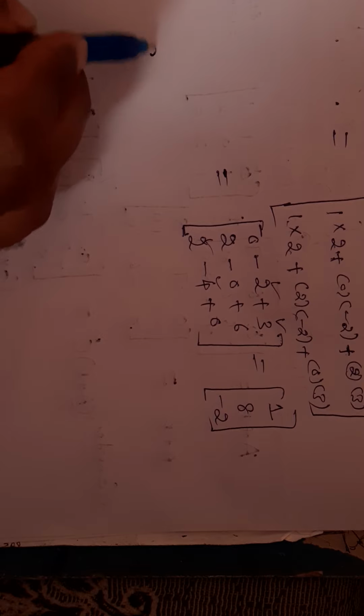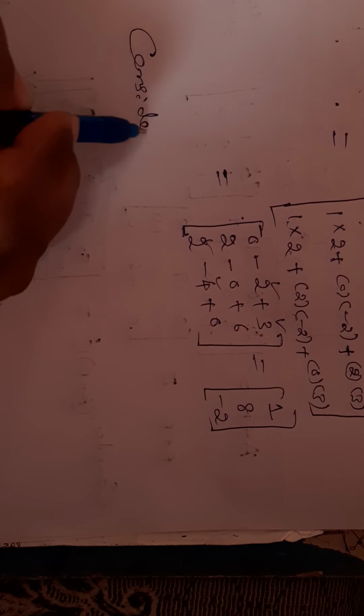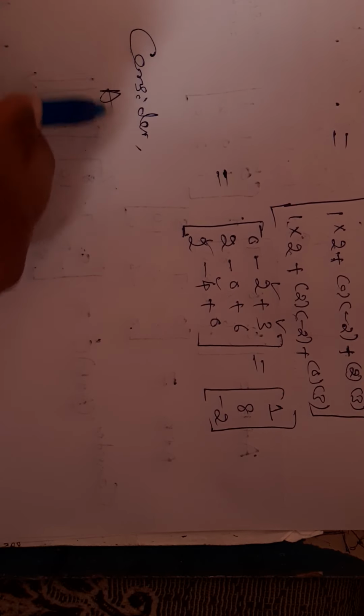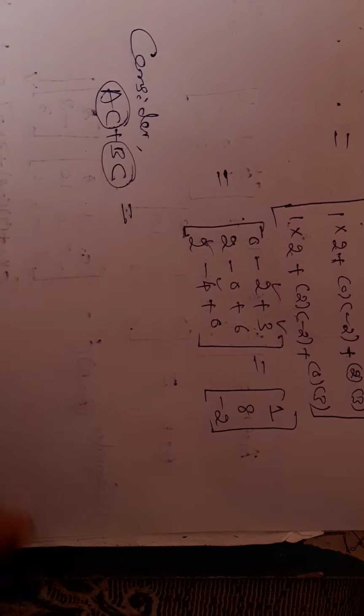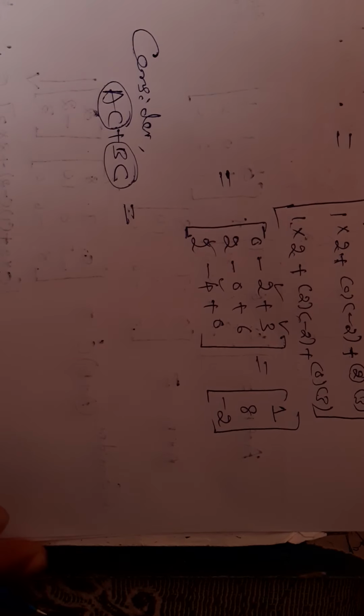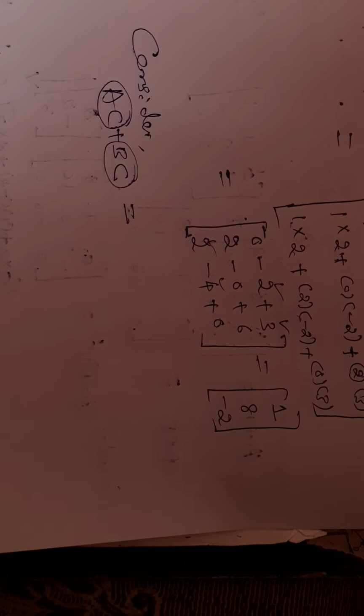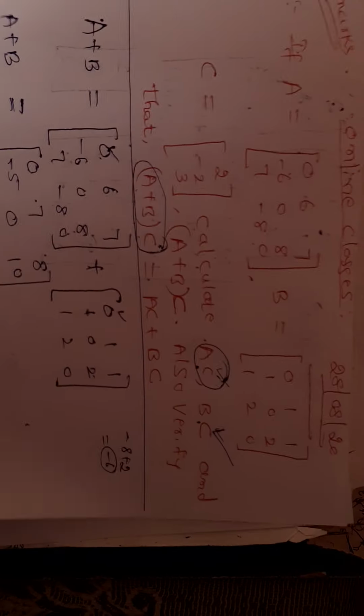We have calculated AC and BC. Next, according to the question, we have to find AC plus BC. AC we have already calculated, and BC we have just calculated, so I can substitute both answers.